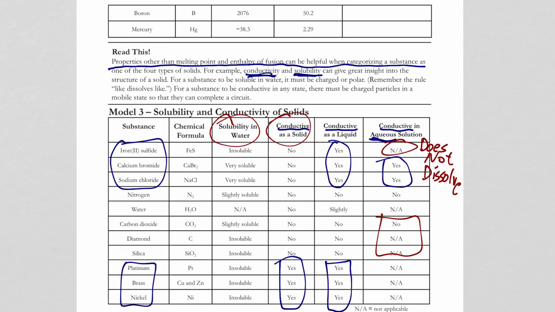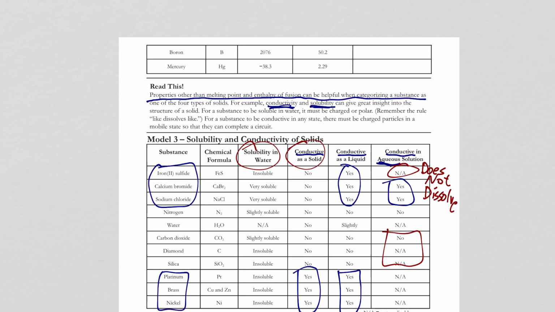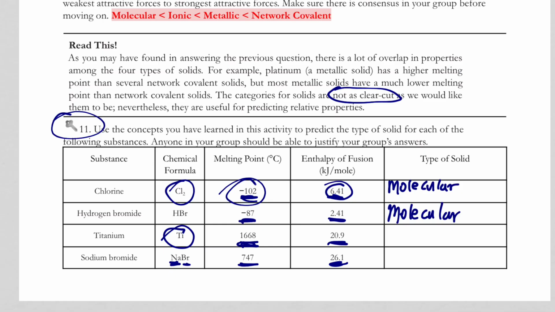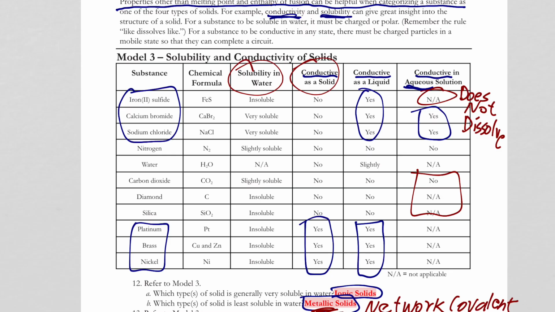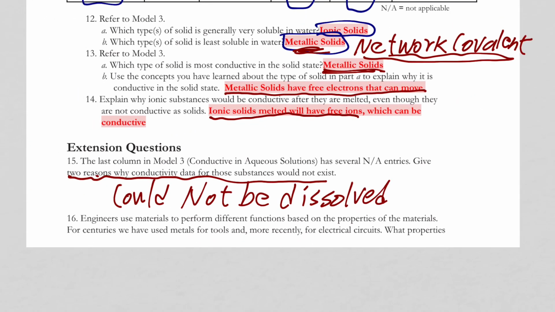Conductivity is another. And that's where you have to be aware that we are talking about multiple traits that you need to pay attention to, such as melting point and also enthalpy of fusion, both. So there is always more than one way that you should check out a substance to make sure it is the type that it should be.